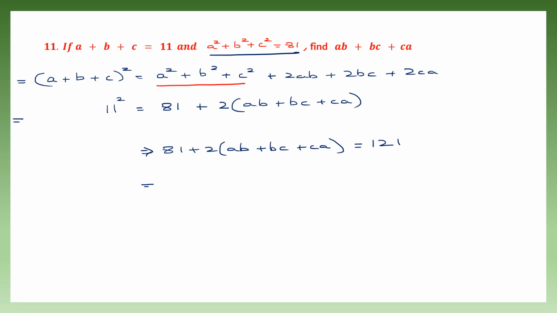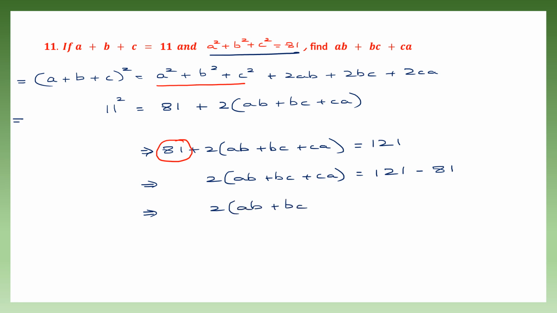Now if I want to find out only 2 into (AB plus BC plus CA), then what do I do? I write 121 and I transpose this 81 to the other side. It becomes minus 81. So now I can find 2 into (AB plus BC plus CA) and that is 121 minus 81, which is 40.